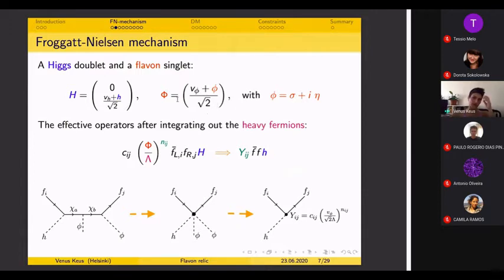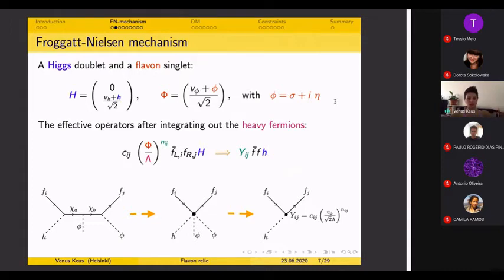This guy transforms trivially under the standard model gauge group because it is a singlet. But there is this Froggatt-Nielsen U(1) symmetry, under which all the standard model particles have a specific charge. This phi is, by the way, a complex scalar with a real part and an imaginary part.